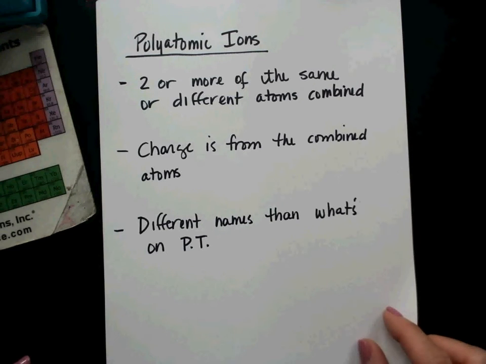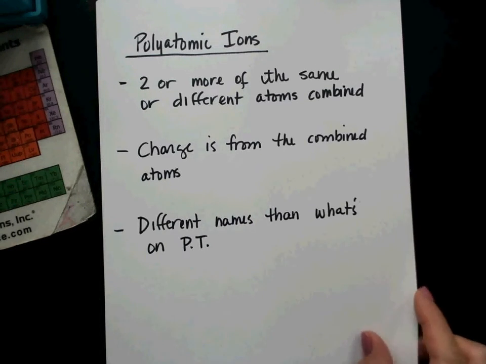So all of those things that you made cards for, like SO4 2 minus, PO4 3 minus, Hg2 2 plus, all of those things are polyatomic ions. Monatomic are easy to figure out.